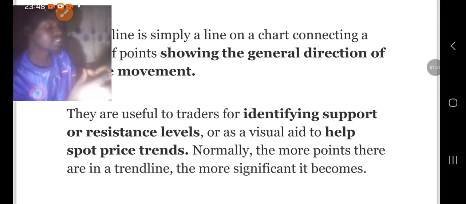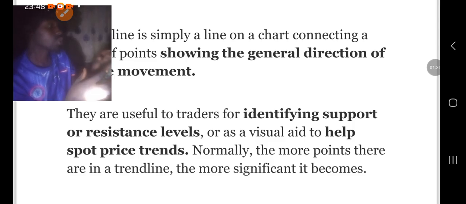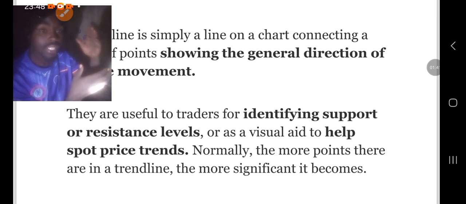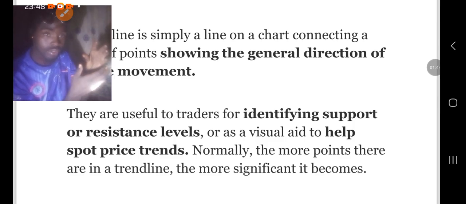So a trend line is a line connecting the points showing that the market is moving up, right? Let's say the market is going up.